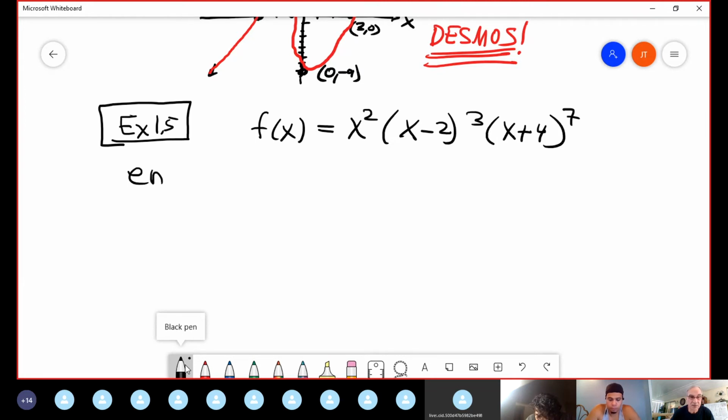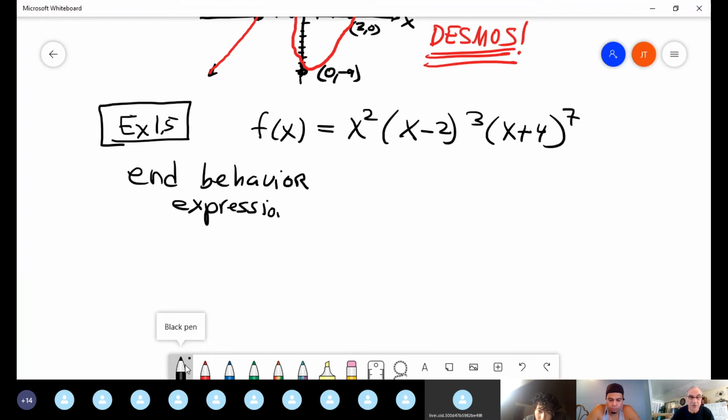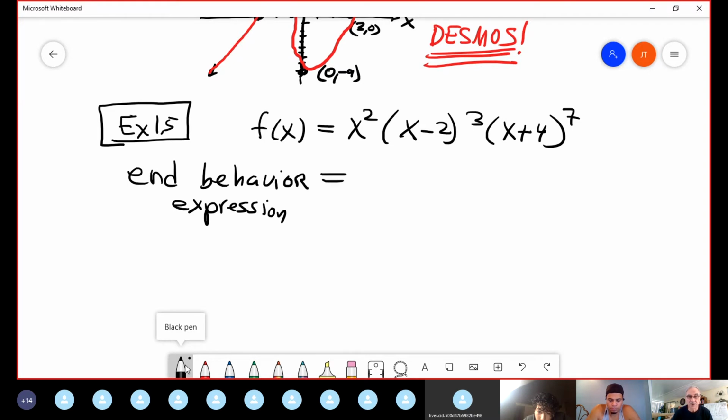Entonces, what is the end behavior expression? Be careful because this is factored form. The end behavior expression is x squared stays the same. You delete mentally these two and delete mentally this 4. Then x to the cubic power, and this is x to the 7th power, and this is 12.